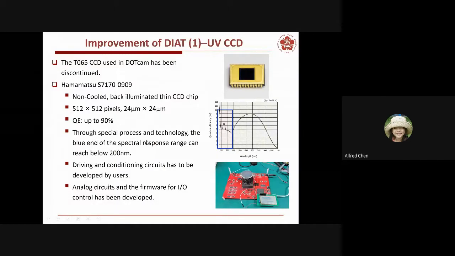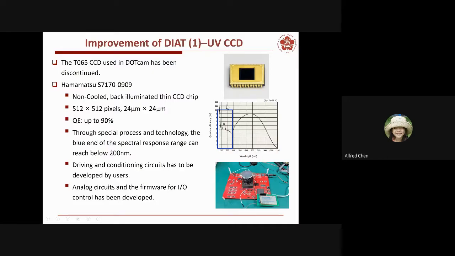But through special processing and technology, this CCD has a very good response at the blue end of the spectrum. The blue end of the QE curve can reach 200 nanometers. So that means this chip has capability for UV imaging.